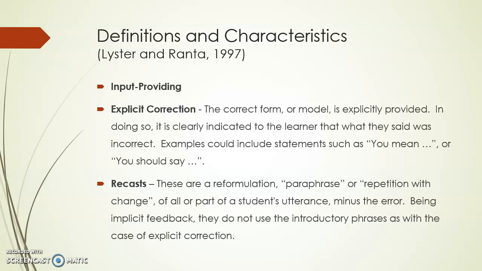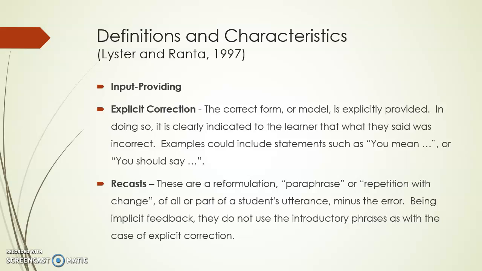Input providing is both explicit correction and recasts. Explicit correction is where the correct form or model is explicitly provided. In doing so, it is clearly indicated to the learner that what they said was incorrect.